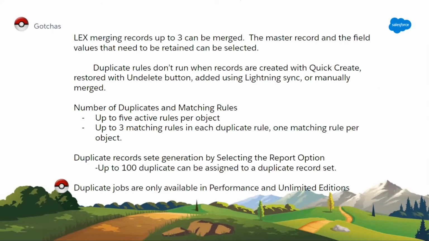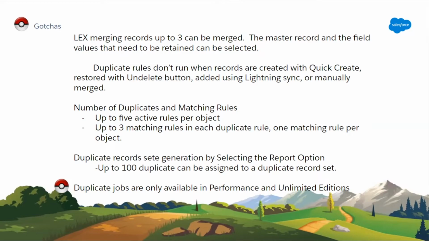And some of the gotchas with Lightning Experience: you can merge up to 3 records, but you have to select a master record and the field values to retain. Duplicate rules won't find duplicates when creating with quick create, perhaps only in Classic, and also when a record is restored with the undelete button or manually merged.